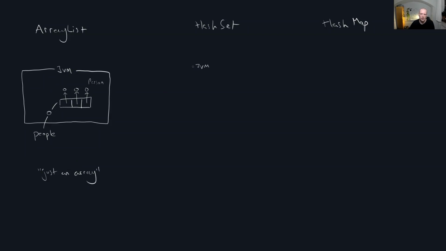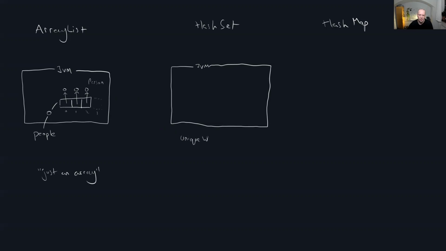Okay, we haven't actually seen a super clever way to only contain unique objects, because every time you add something to an array, you're just going to add it in the next position. Okay, and you have this awareness that there's an index, and if there is space, we can put something new in there. Okay, but let's say our hash set for unique words, let's take that as our example.